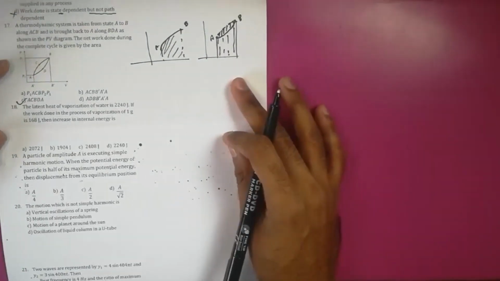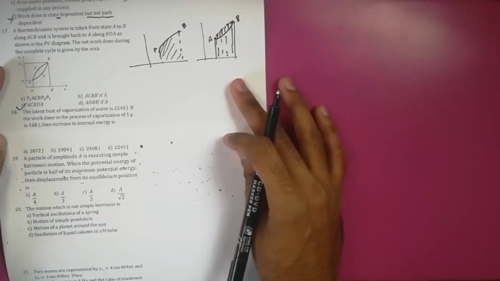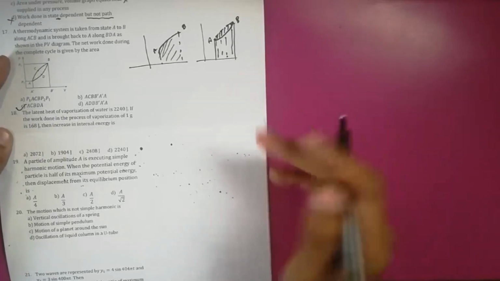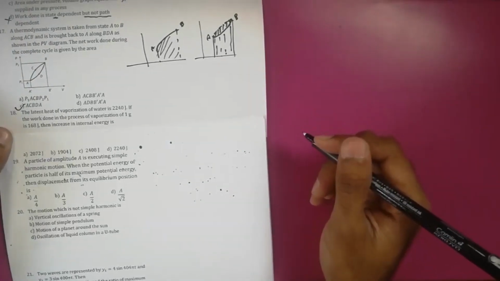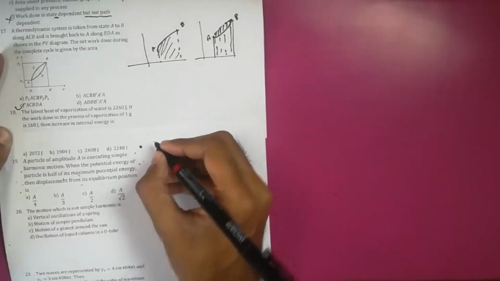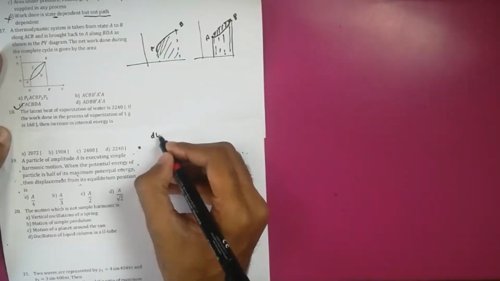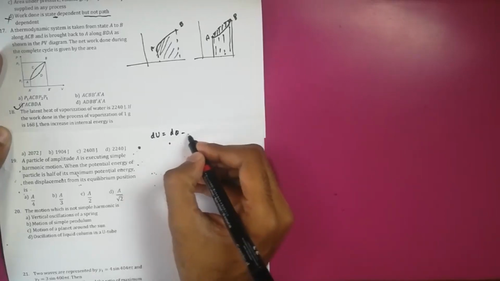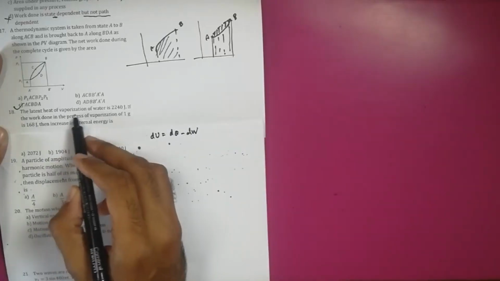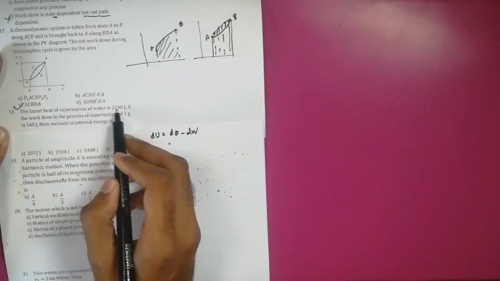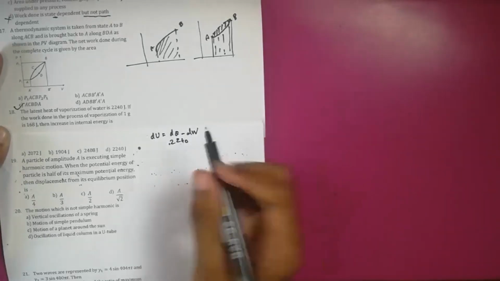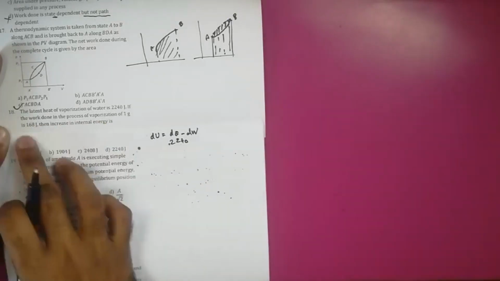We just saw the formula that dU is equal to dQ minus dW. Now in this case, the latent heat of vaporization is 2240 joules of energy, and the work done in the process of vaporization of 1 gram is 168 joules. Then the increase in the internal energy, subtract this, directly gives 2072 joules, which is the option.